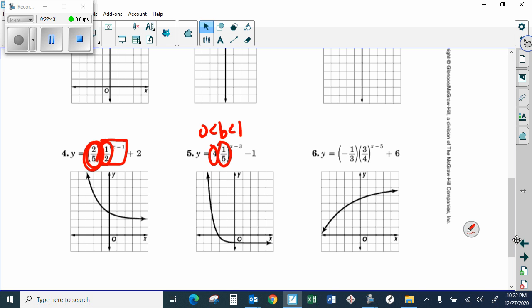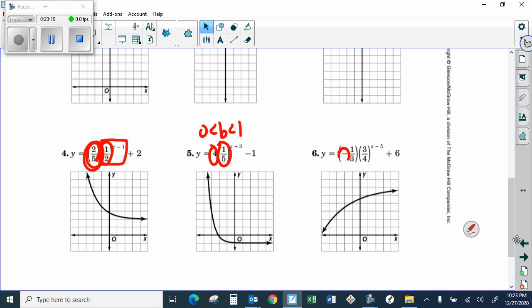Now, what does this negative do out here? That reflects it over the x-axis. So remember, it would have been coming down here, but now it's reflected over the x-axis, and so that's what's happened down here.